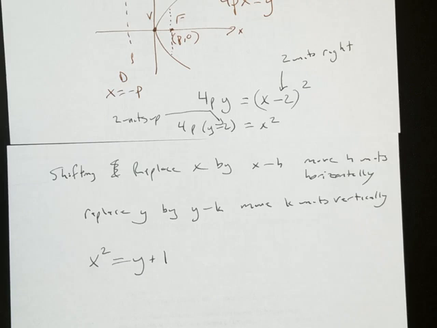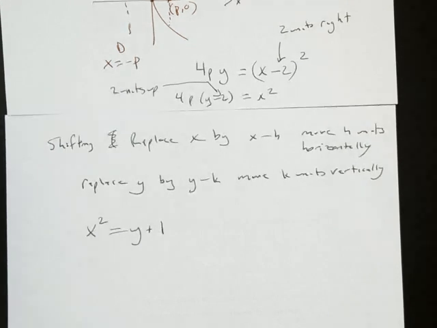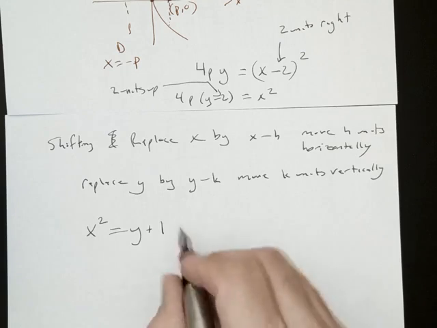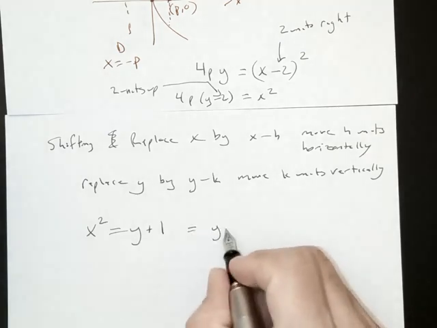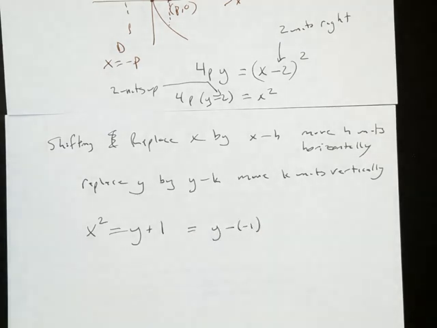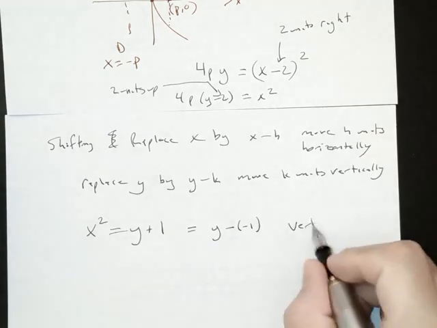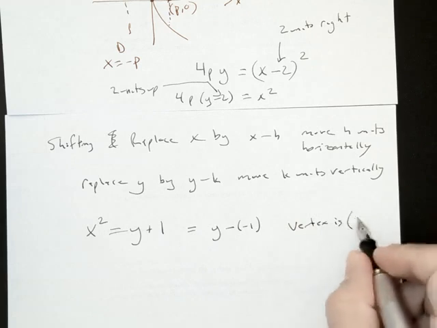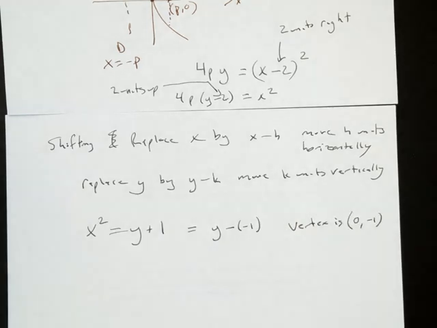But now I've written y plus 1. Where is that moved to? Leo: Would be down one, because the opposite side would be the opposite there. So it is moved down 1. My new vertex is at 0, -1.